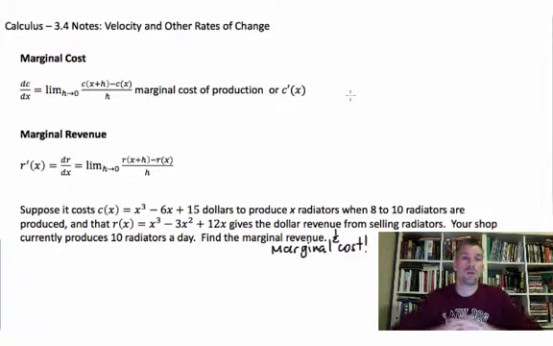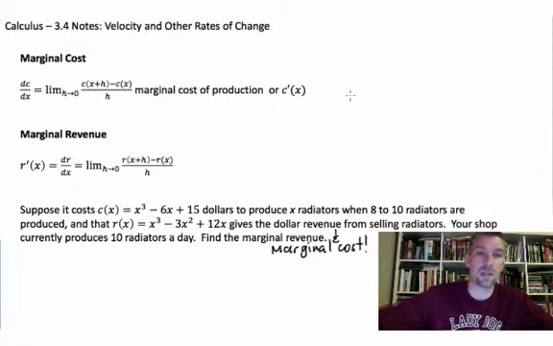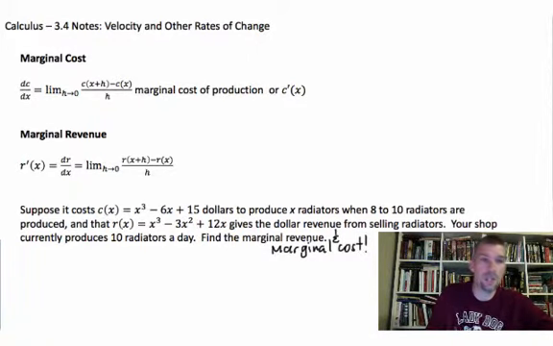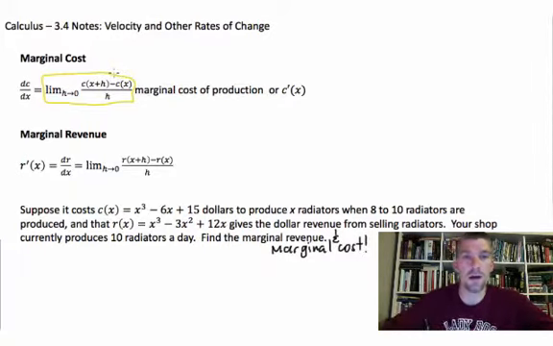And marginal cost just simply means looking at the derivative of the cost function, and gee whiz, this thing right here should look really familiar to you by now. We've seen it a ton of times. It's your starting cost and your stopping cost.